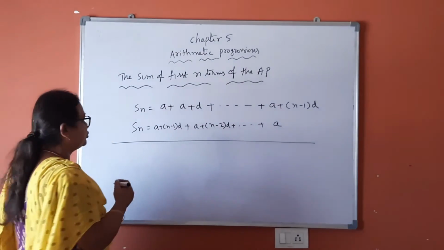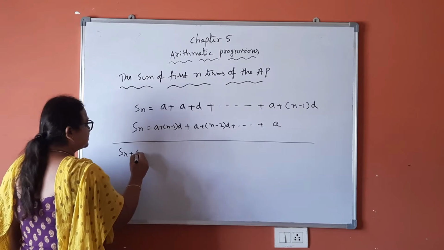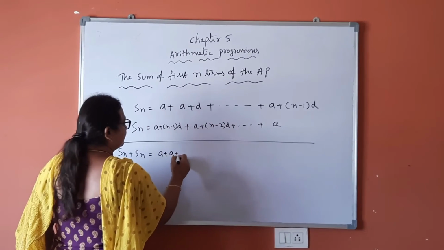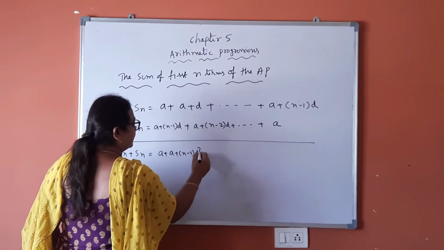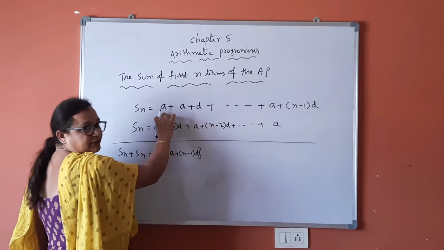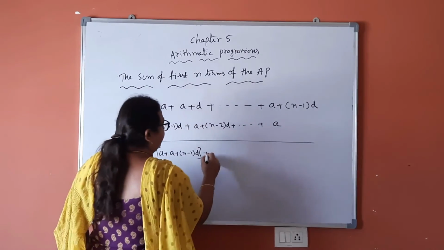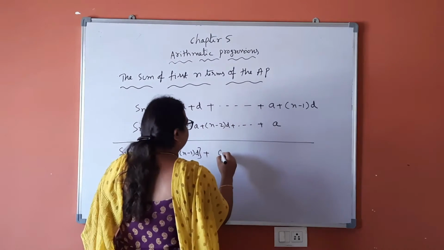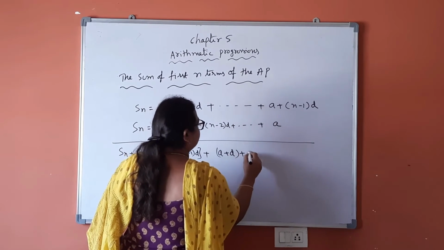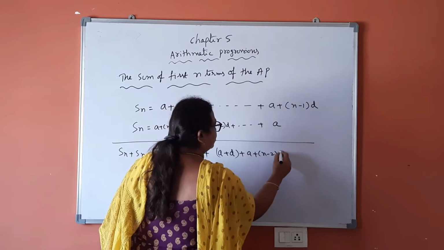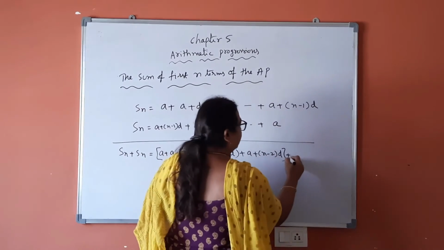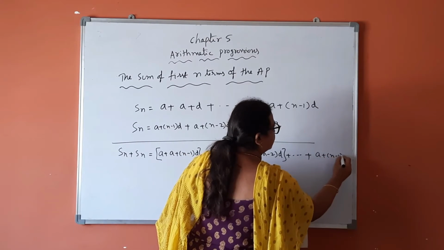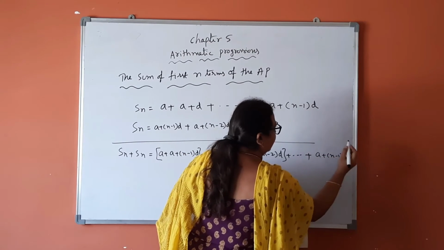Now add these two. If you add the first terms, you get a plus n minus 1 into d plus a. By adding second terms, a plus d plus a plus n minus 2 into d, and so on, plus the last terms, a plus n minus 1 into d plus a.